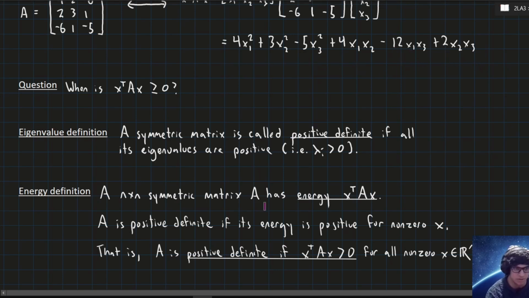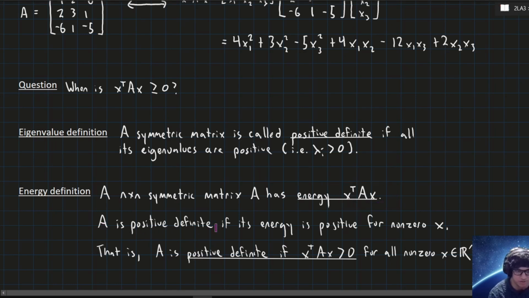So that's where the word energy comes from. So we say a square symmetric matrix A has energy, this term.